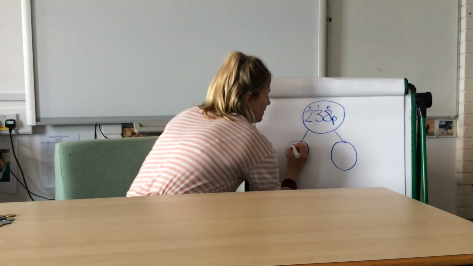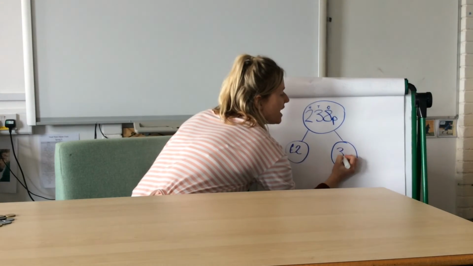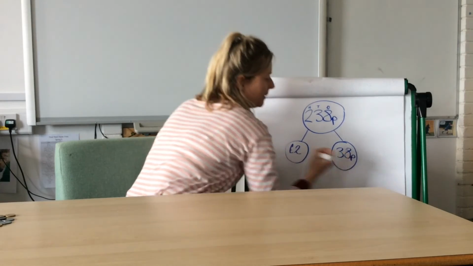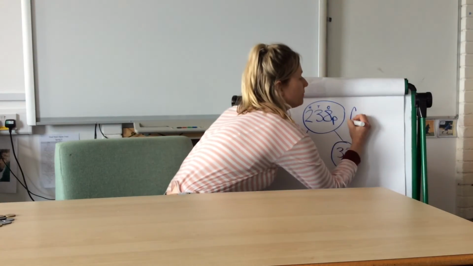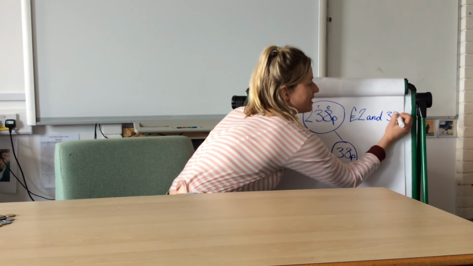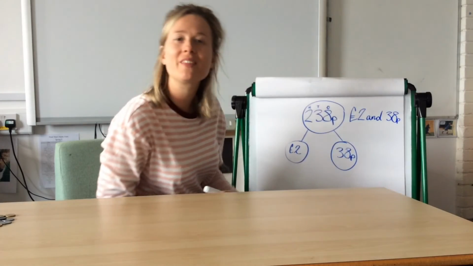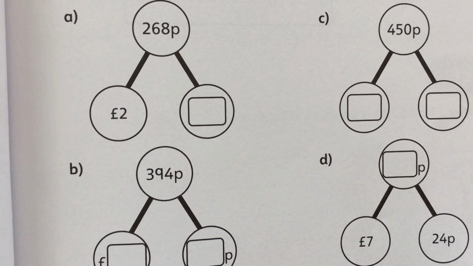So I'm going to bring my 2 over here for £2 and 38p. So 238p equals £2 and 38p. Have a go at the next question. Pause the video here.